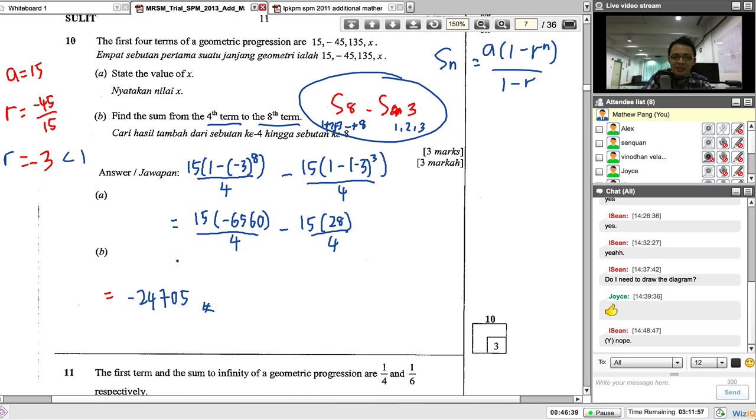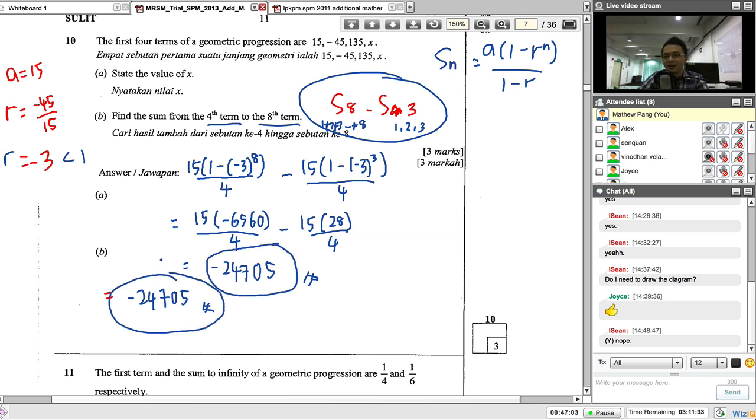So let me press the calculator: 15 multiplied by negative 6560, minus 15 multiplied by 28, divided by 4. I will get negative 24705. See, both of these give us the same answer. Okay, so far so good.